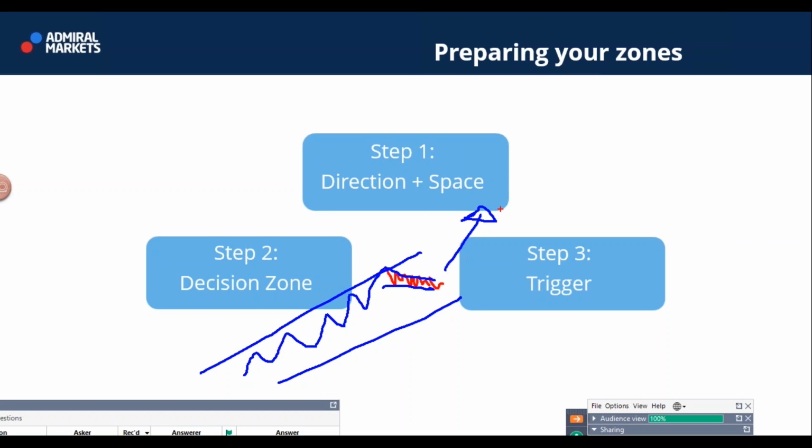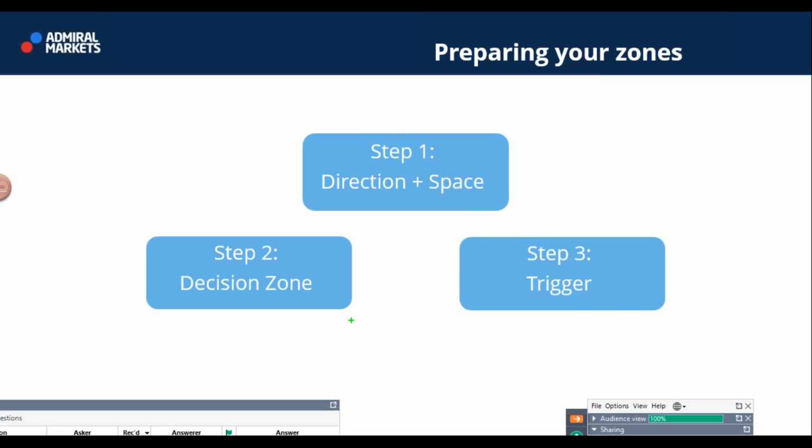So let's say there's no divergence and there's a strong confluence of resistance up higher. So there's still space to the upside. So step one is direction, and is there space? Direction is up. Yes, there is space. Good to go. We can move on to step two, which is the decision zone, where if I know there's space and I know which direction I want to trade, at what level do I want to trade it on the chart?